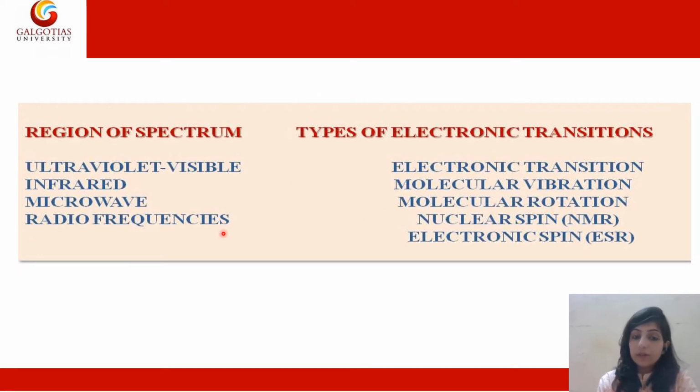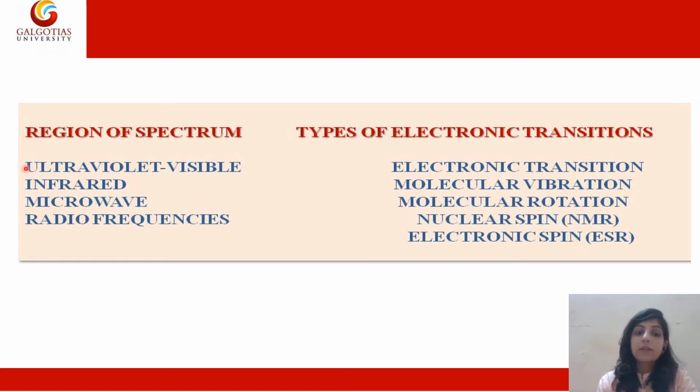So radio wave frequencies can only cause spin in the molecule. Now that spin can be a nuclear spin or an electronic spin. If your nucleus is spinning, then that refers to nuclear spin. If your electron is spinning, then that refers to electronic spin.